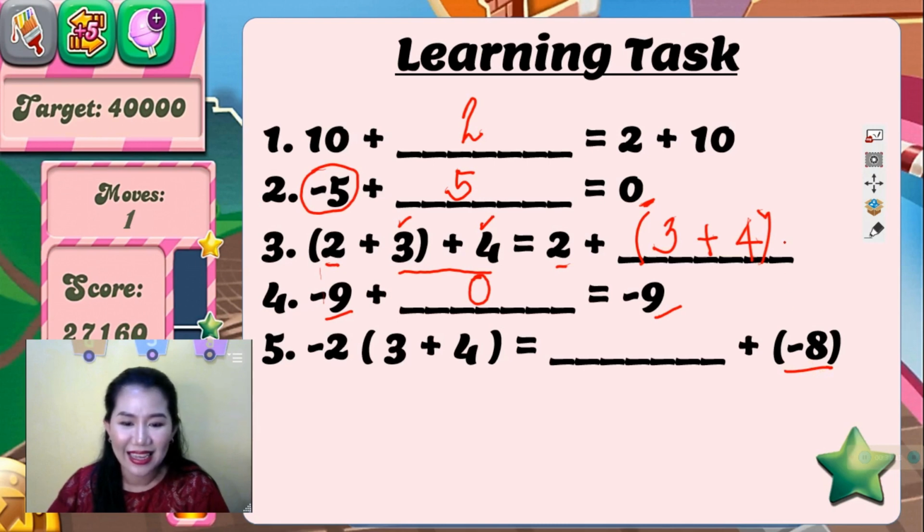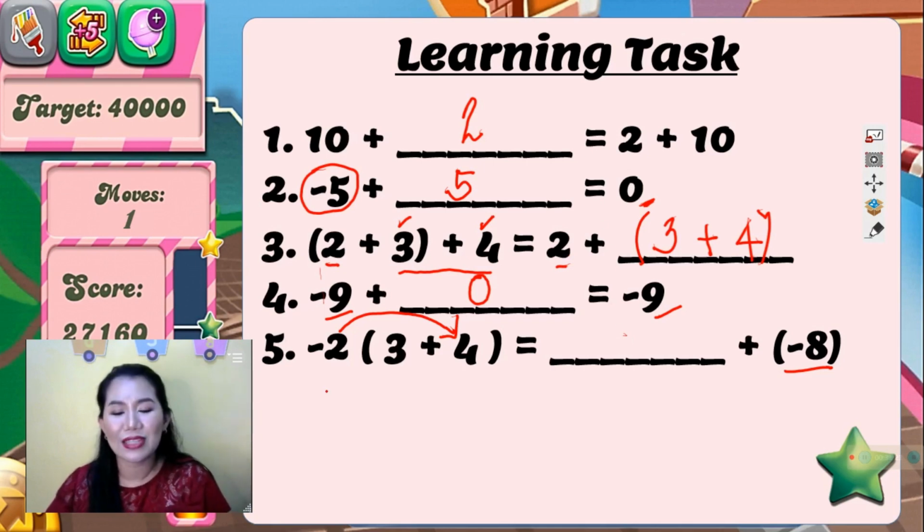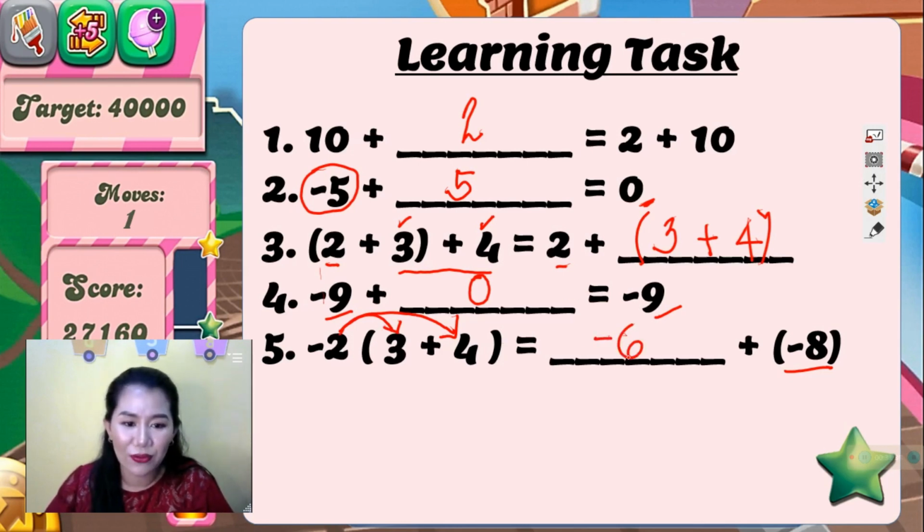Yung negative 8 natin ay sagot sa negative 2 times 4. Okay, anong ilalagay natin dyan? Ang ilalagay natin dyan ay yung sagot natin sa negative 2 times 3. So, negative 2 times 3, remember? Multiplication of integers. So, negative 2 times 3 is equal to negative 6. So, that's for number 5.